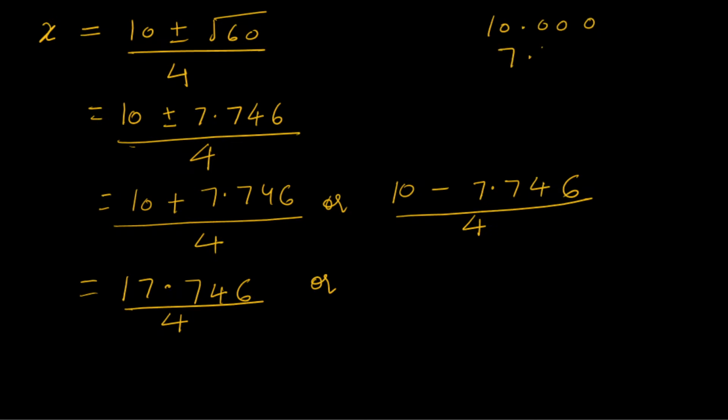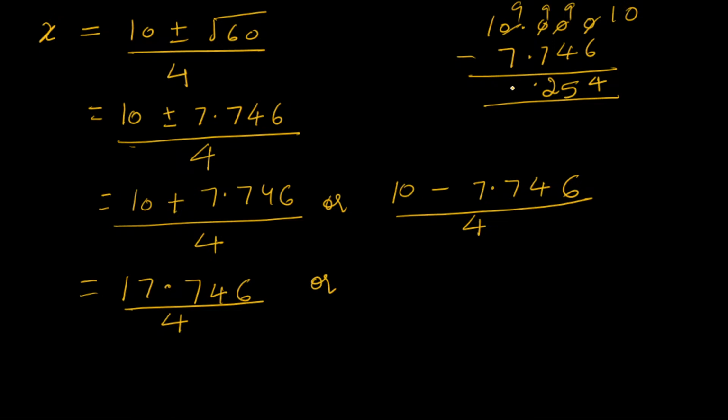Don't do the subtraction directly, please, because we have to do it like this and carry here. Most of the time I've seen students forgetting this. So 9 minus 4 is 5, 9 minus 7 is 2, 9 minus 7 is again 2. So this is 2.254 by 4.